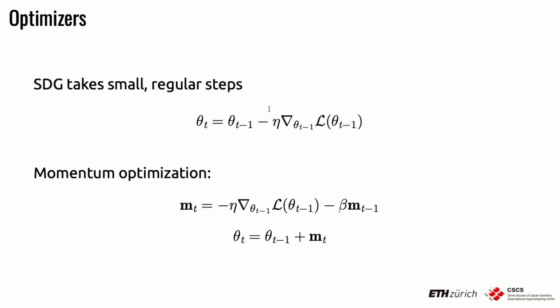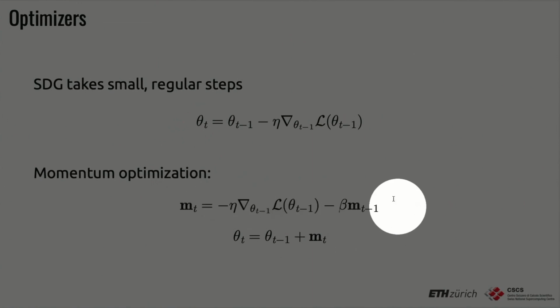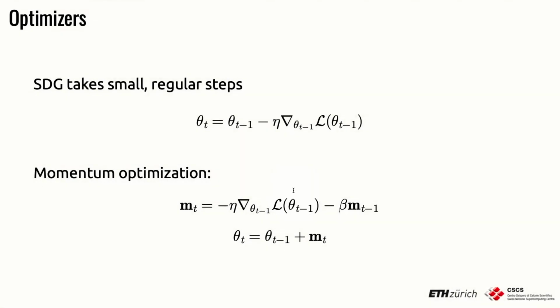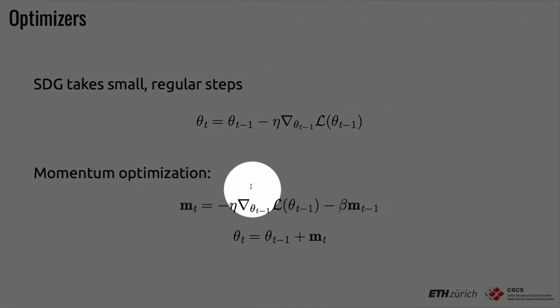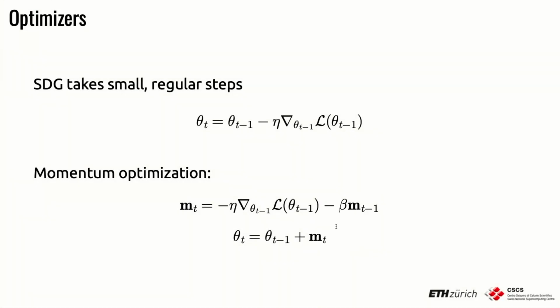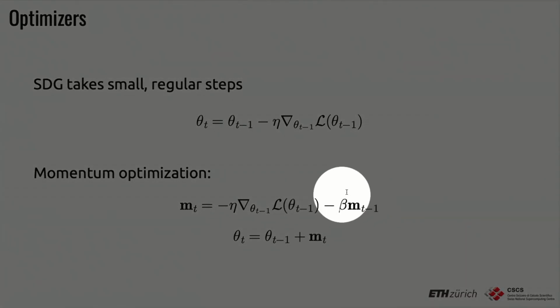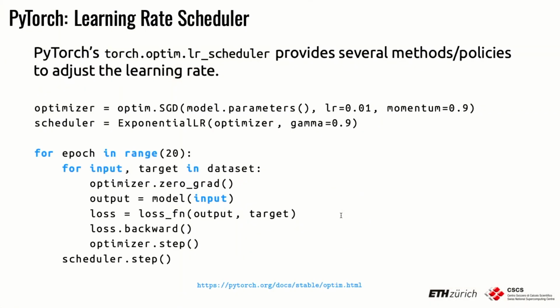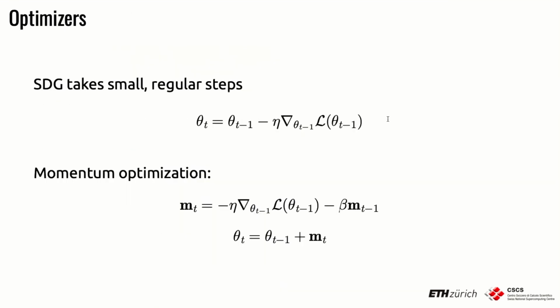When you use the technique called momentum, you keep a running estimate of the gradient that is based on the history. So you not only have the current gradient, but also a term that comes from the previously computed gradients. And this beta parameter is the momentum parameter here that, again, is a hyperparameter of your model. So there is some freedom of choice, but it will impact your training.